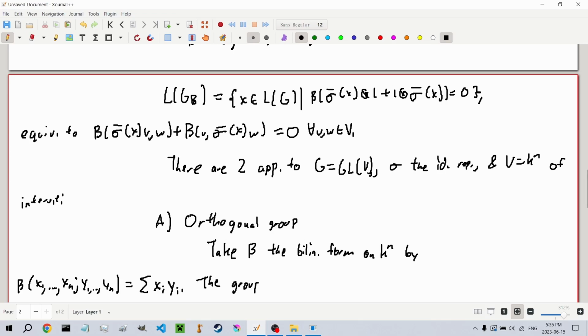The group of elements of our general linear algebra stabilizing beta is called the orthogonal group on k to the n.